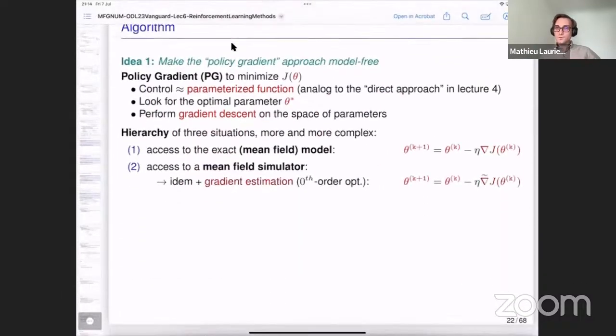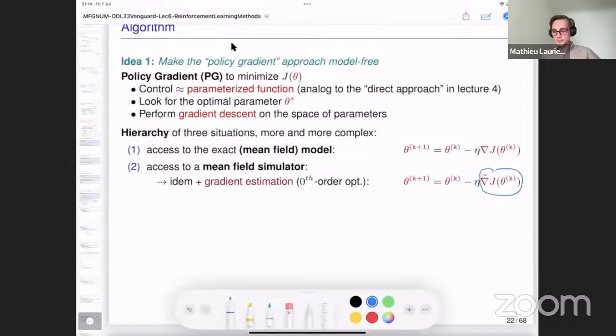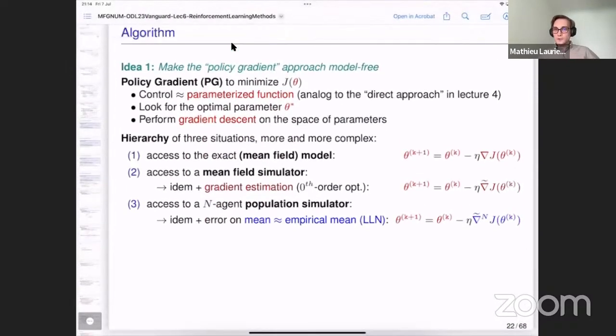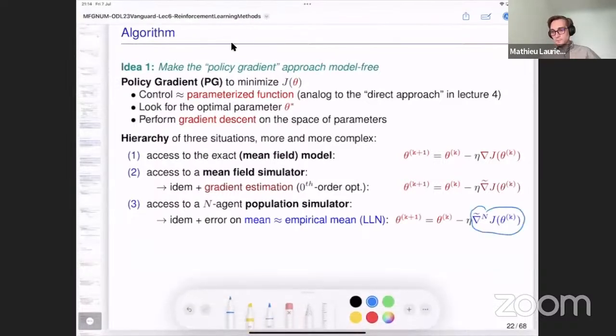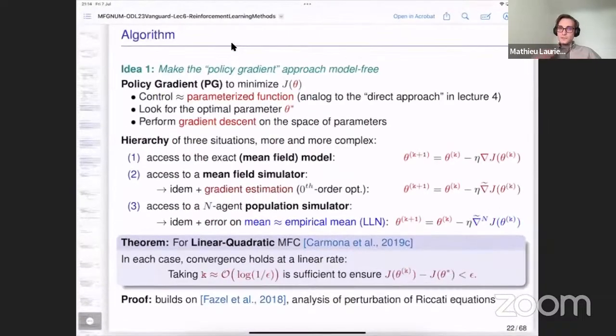If you don't know the model, but you have access to a mean field simulator, meaning a simulator that returns a true mean field distribution, then you can approximate this gradient using, for example, zeroth order optimization techniques. And if you have access to an n-agent population simulator instead of a mean field simulator, then you get an extra error term. And then combining all of these and using techniques that have been developed to analyze policy gradient for linear quadratic problems, we can get a rate of convergence for this one.